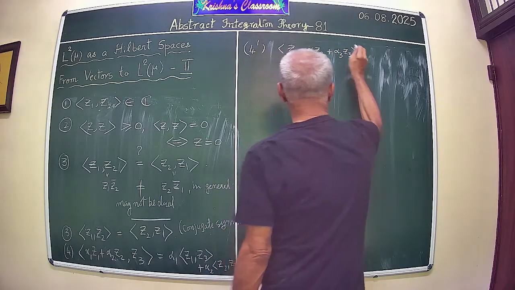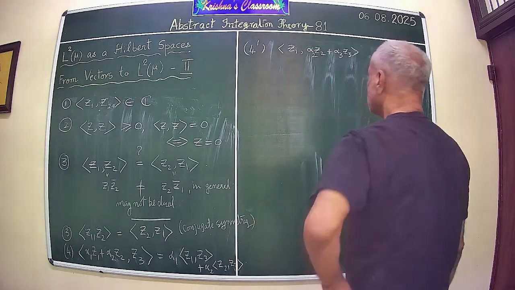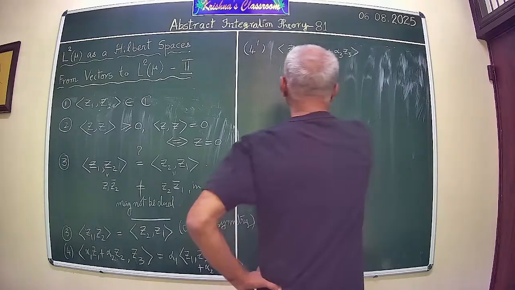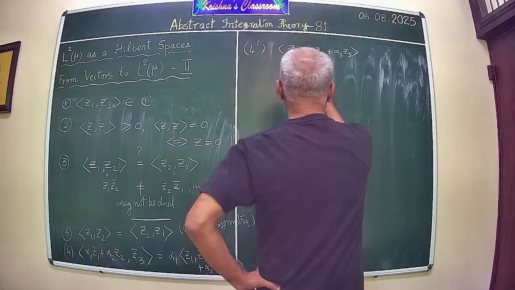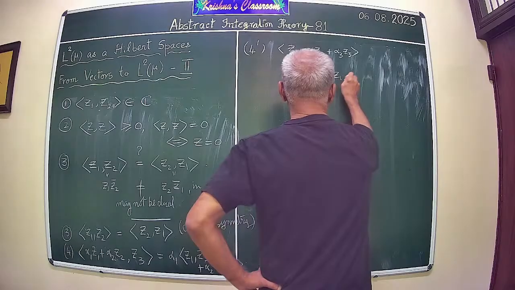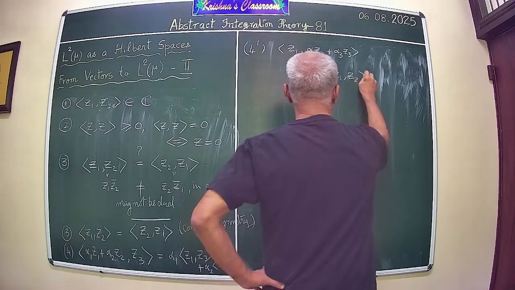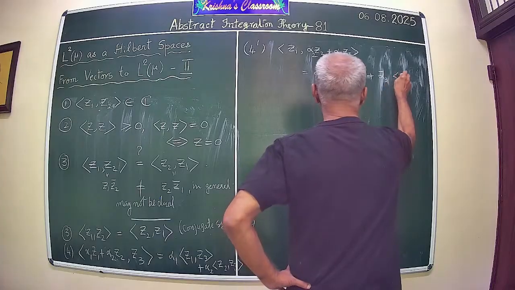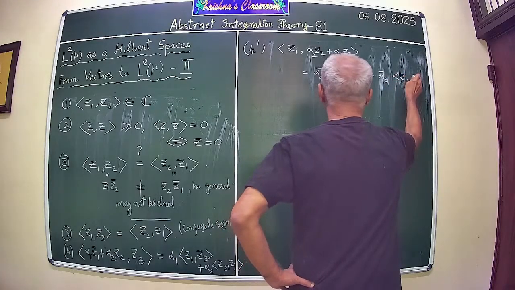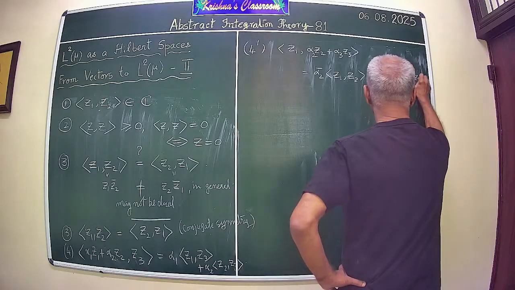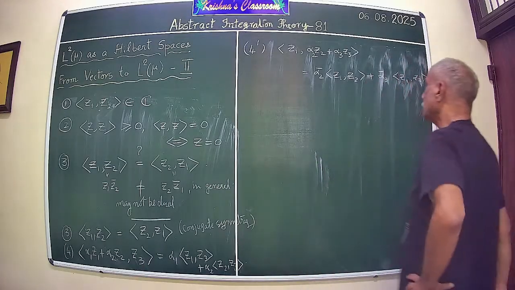These are complex numbers. This is equal to alpha 2 conjugate Z1 Z3.